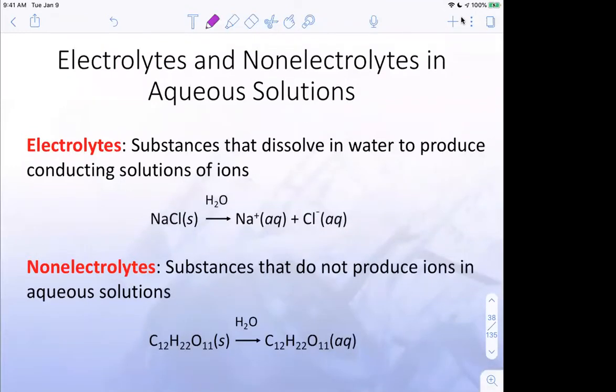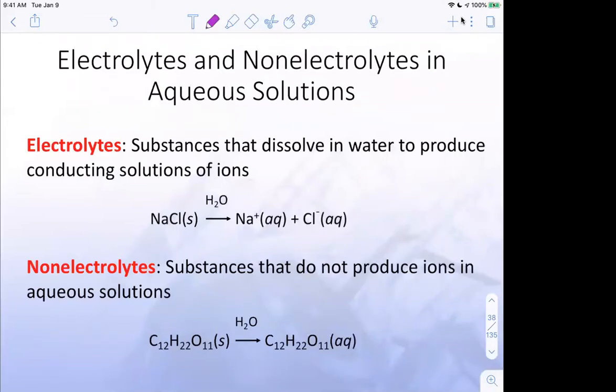So I'm sure everybody has heard of the idea of electrolytes and non-electrolytes. We're going to focus on the chemistry of this by describing electrolyte and non-electrolyte behavior in aqueous solutions.